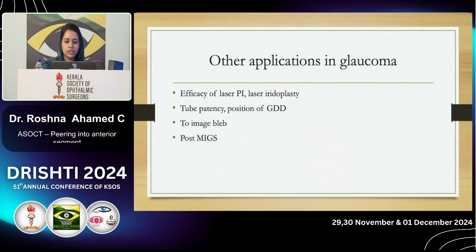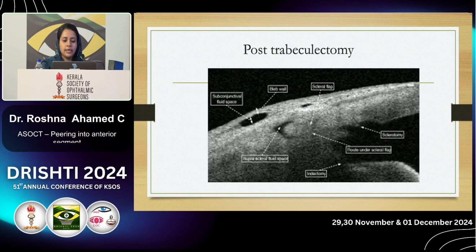Other applications in glaucoma are that we can look at the efficacy of laser PI and laser iridoplasty, and the patency and position of the GDD can be looked at. We can image the bleb, and also take an image after post mix. In trabeculectomy, we can look at the bleb wall, the subconjunctival fluid space, the scleral flap and sclerotomy size, and iridotomy areas.